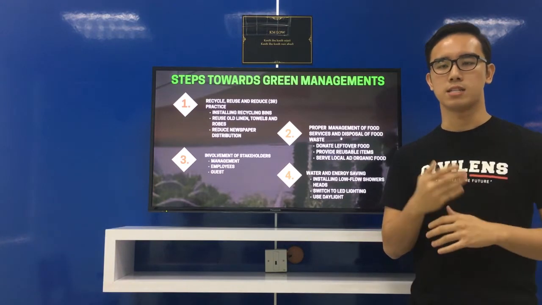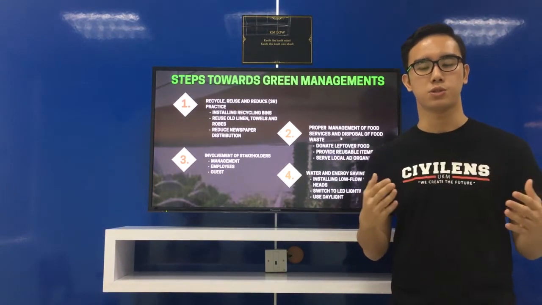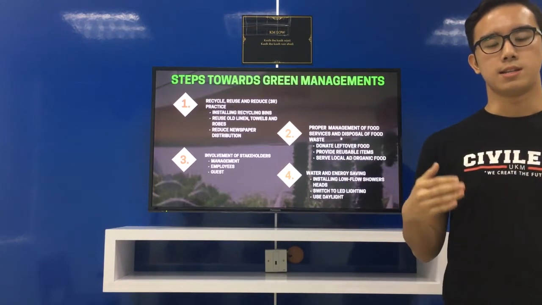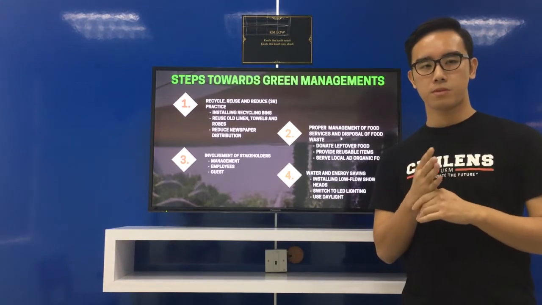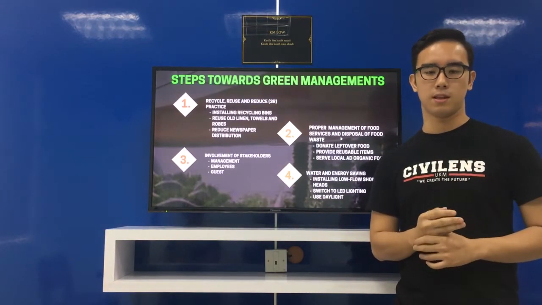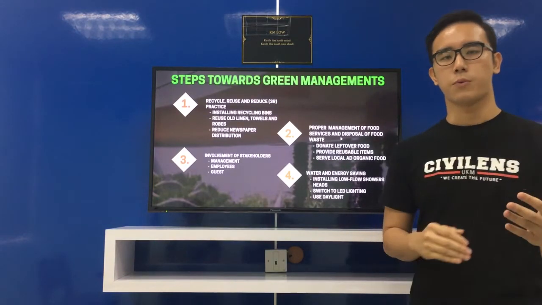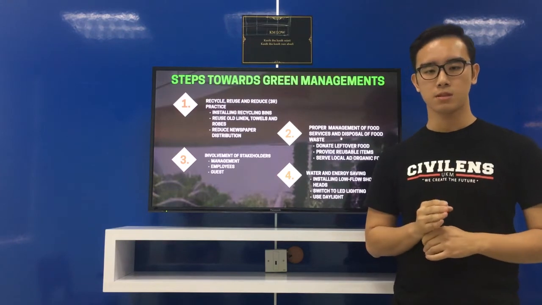And we move on to the last point, which is to save water and also save energy. For the water, we can install low flow shower heads, and also switch to low flow toilets, and install toilet tank fill diverters to save water use. And for the energy, we can switch to an LED lighting system.